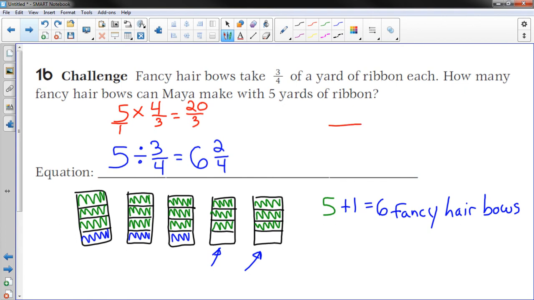So over here, I would just do 20 divided by 3. Well, 3 goes into 20 6 times. 6 times 3 is 18. And 20 minus 18 is 2. So I have this remainder of 2.